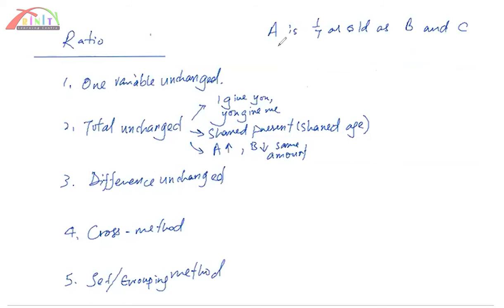And then they say to you that the ratio of C to B and A combined together is 2:5. This kind of question is total unchanged because their total age, no matter how you add it, will still be the same. So it can be a shared present, it can be a shared age, shared total age. Do you understand so far? Okay, so these are the possible total unchanged questions.